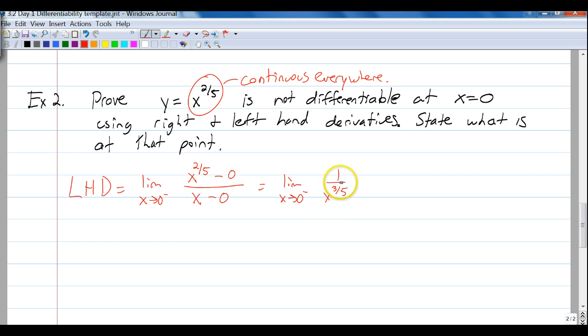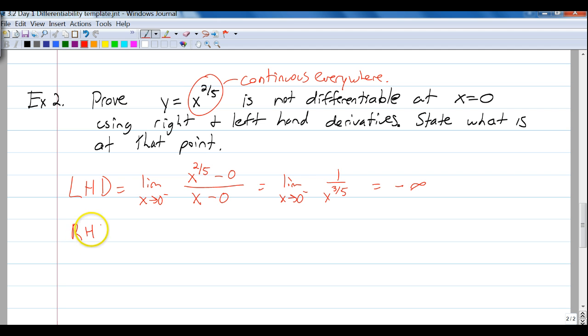And again, this is a vertical asymptote, so that means that the derivative is approaching infinity or negative infinity. If you're coming from the left and you put a negative number in here, it stays negative because you have a fifth root and you're cubing it, neither of which will do anything with that negative sign.